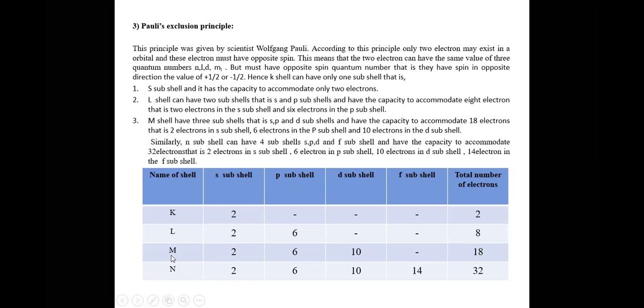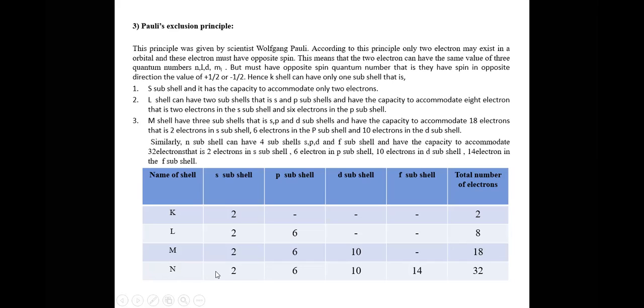8. M shell can have 3 subshells. The possible subshells are S, P and D. S subshell can have 2 electrons, P subshell can have 6 electrons, D subshell can have 10 electrons. So total electrons in the shell will be 18 electrons. The last one is the N shell.